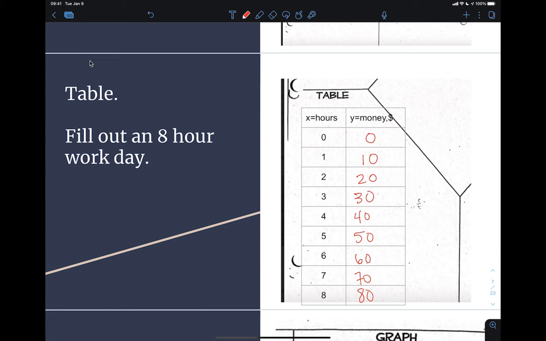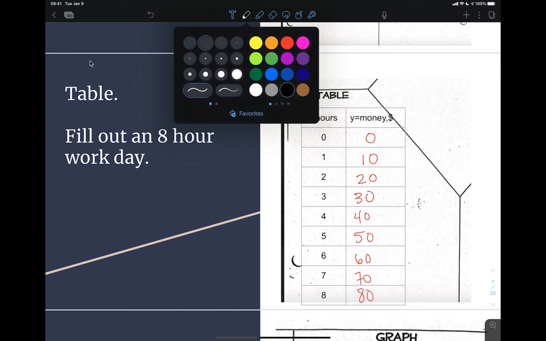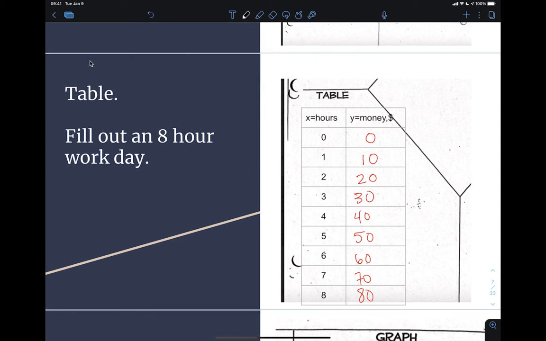So now that we have this 8-hour work day filled out, we're going to look to see if we can find the slope within the table. And we sure can. The slope in the table, again, slope is change in y over change in x. So let's look for some change. I'm going to take these 2 points and I'm going to find the change in y.